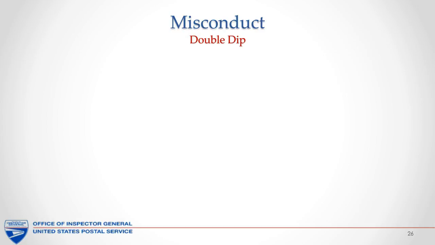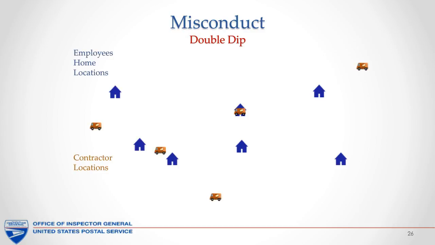And of course, if you're using different systems, street is going to be spelled out over here. It's going to be abbreviated in the other table. So you might not have a match even though it is a match. So we decided to use GIS to see what we could do. So what we did was we mapped out our employee locations, their home addresses. And then we took our contractors and we mapped those out. And then we applied a really finite, limited buffer around these to see which ones are in close proximity.